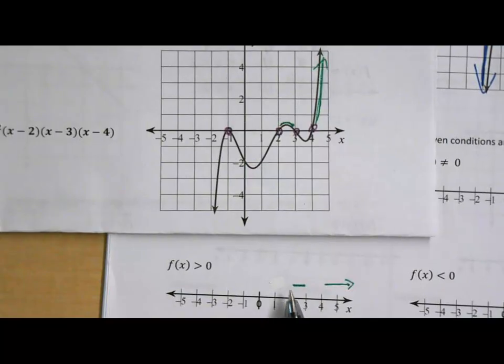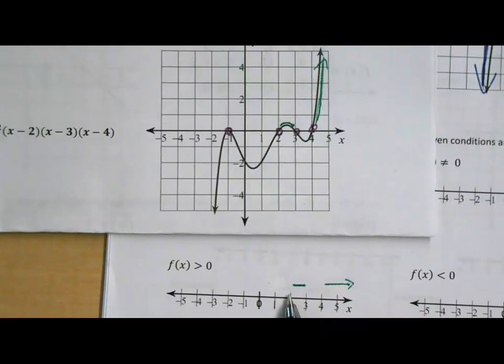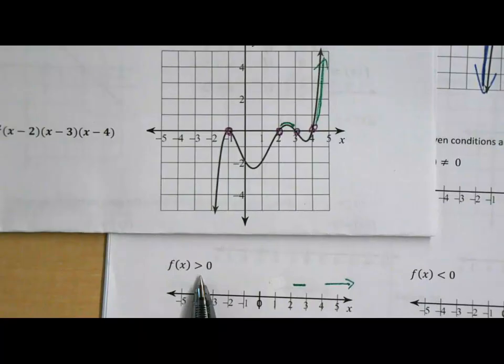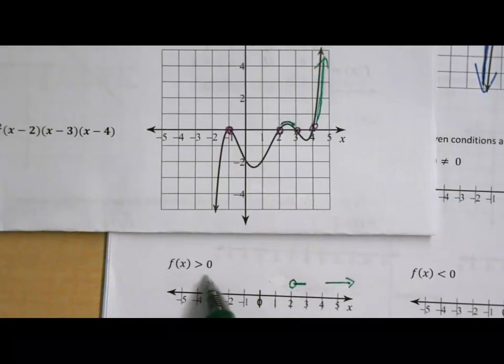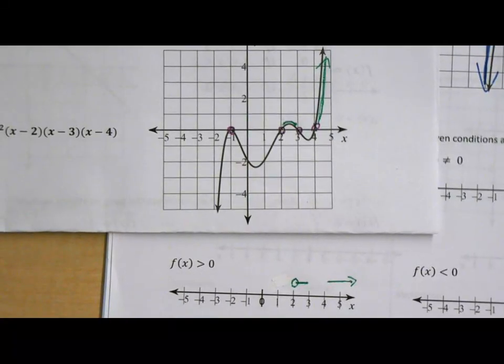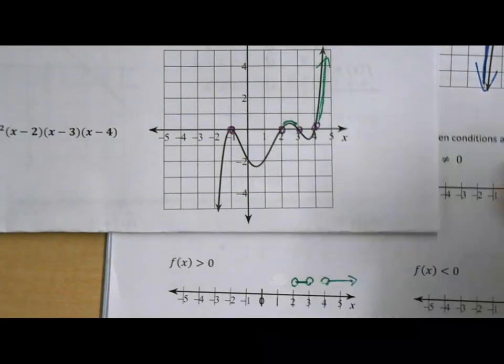Anybody want to be bold and tell me, are we going to have solid or open dots? Open dots because greater than but not equal to, right? Now if that had been greater than or equal to, then those would be closed dots, but these are going to be open dots here as well.